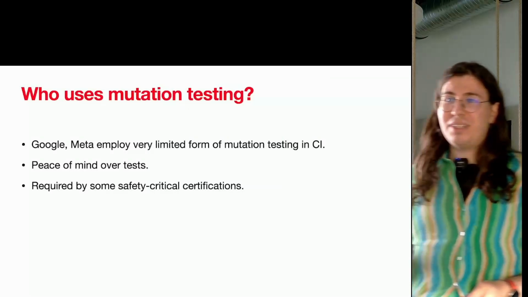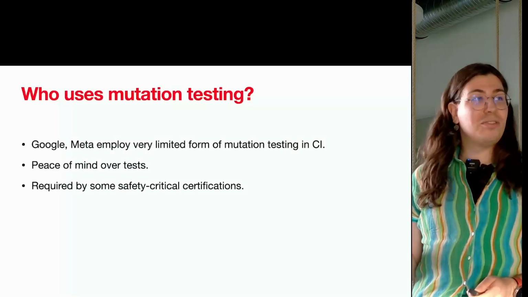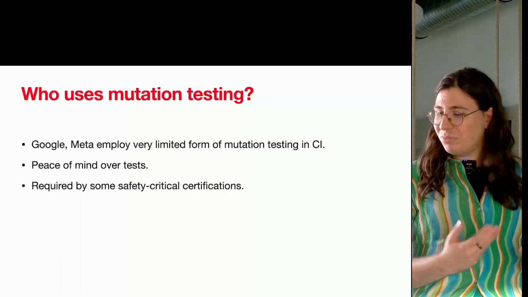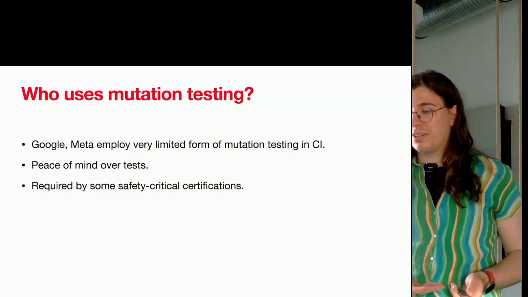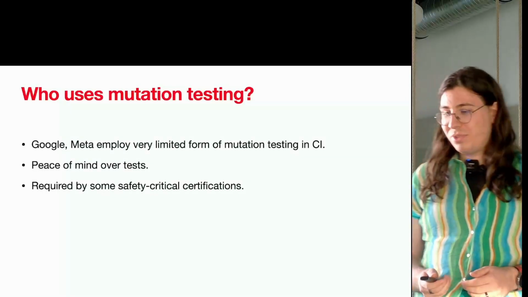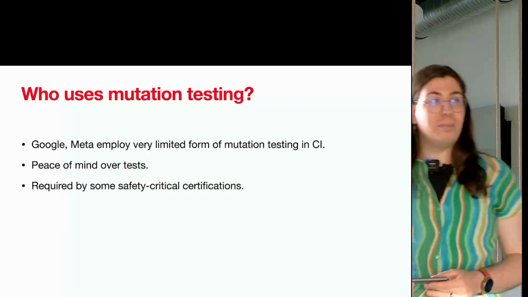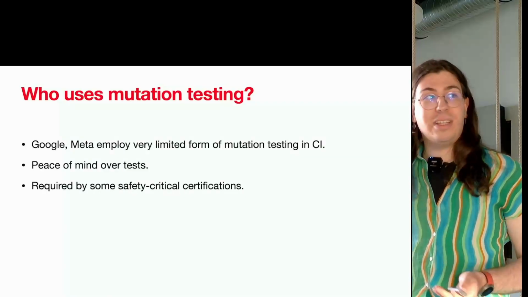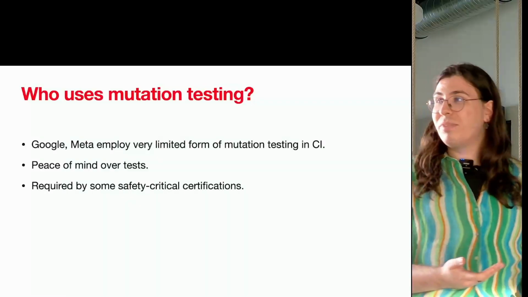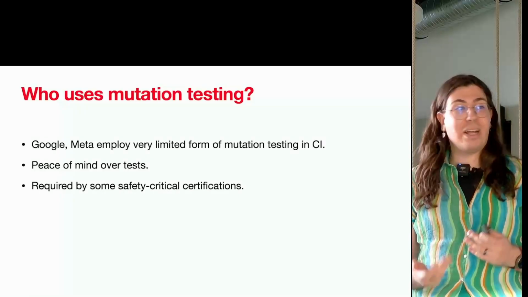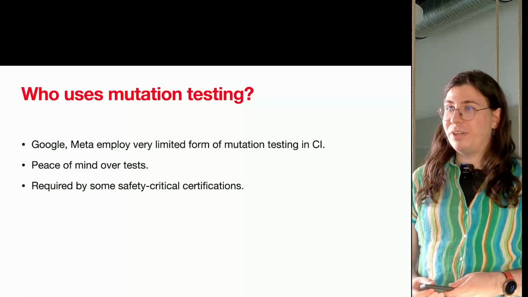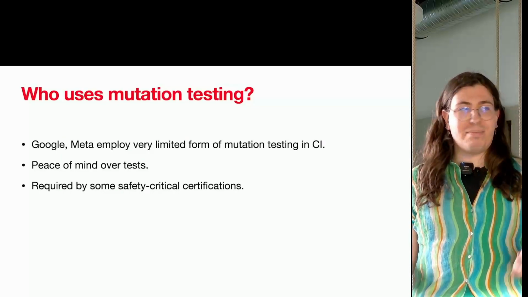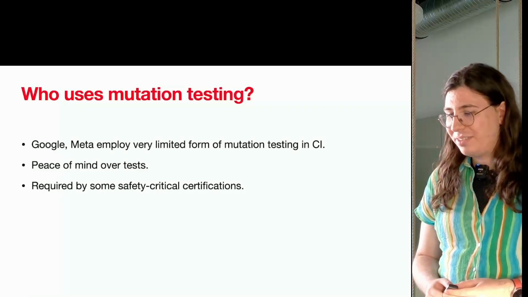Before we get into what mutation testing is, I just wanted to show that it is actually being used across the industry. Google and Meta both employ an admittedly limited form, but still a form of mutation testing, and they apply that as part of their continuous integration on their famously massive repositories.